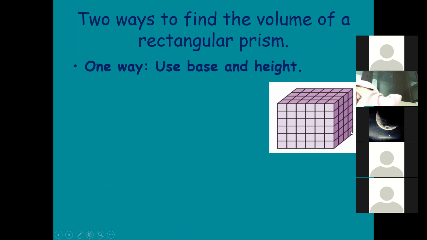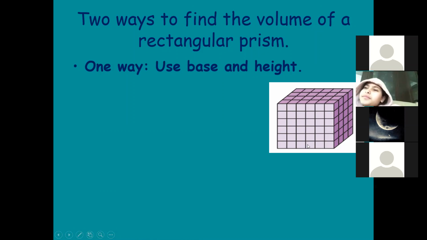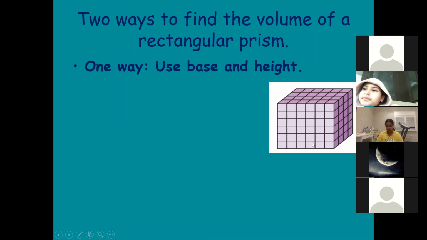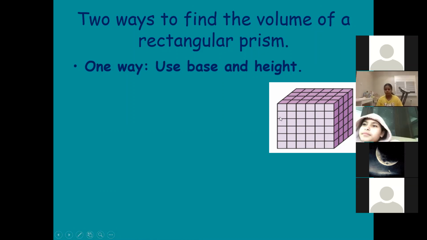What is 6 times 4? 24. Very good. 6 times 4 is 24. So the area of the base is 24.